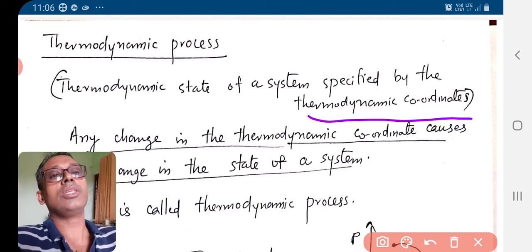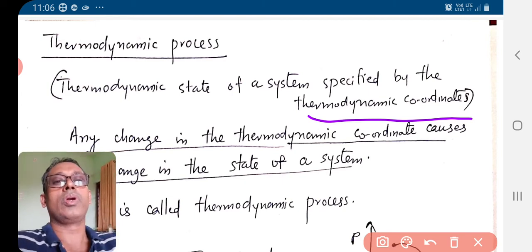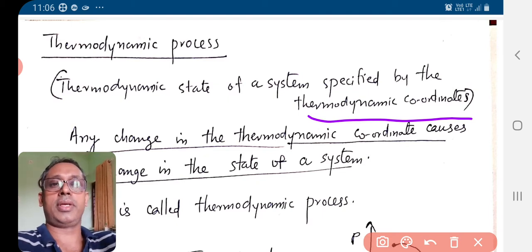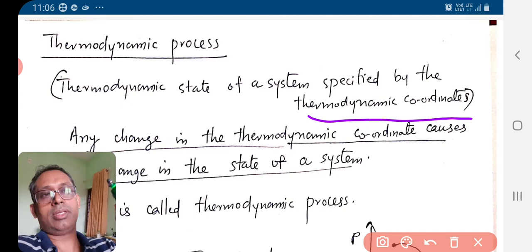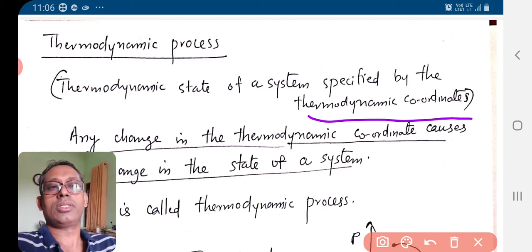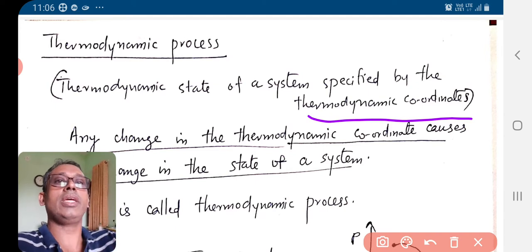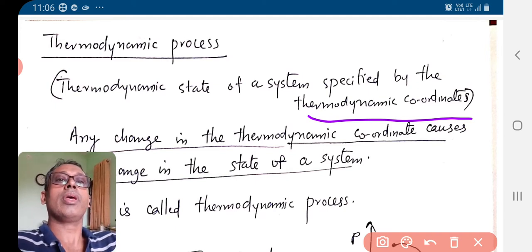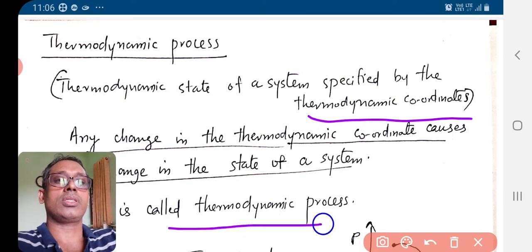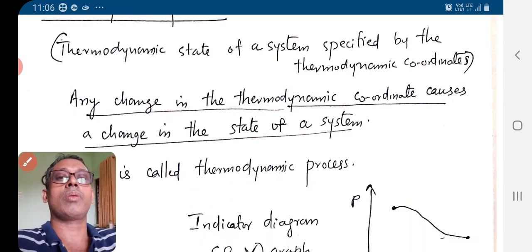Now, any change in the thermodynamic coordinate causes a change in the state of the system, and that change in the state of the system is called a thermodynamic process.